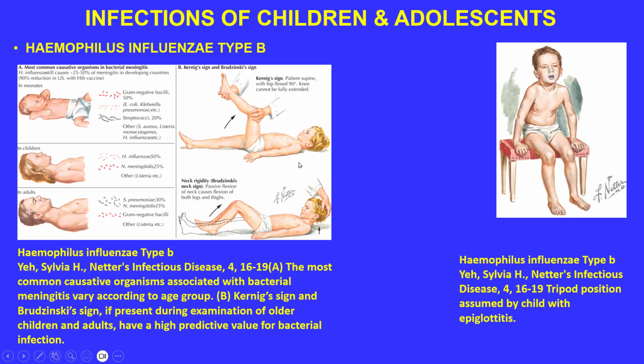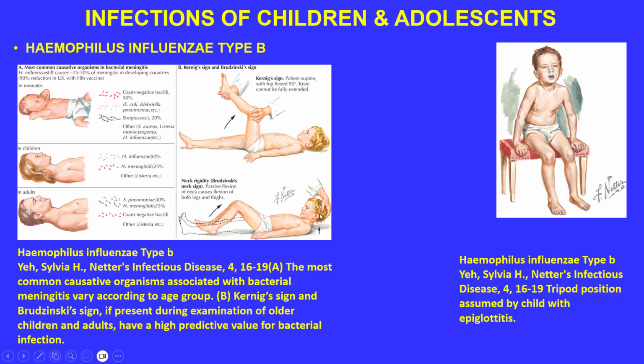There are some physiological signs that can be used. If the patient is supine with the hip flexed 90 degrees, the knee cannot be fully extended. Okay, and that's Kernig's sign. Neck rigidity is Brudzinski's neck sign, and that's where passive flexion of the neck causes flexion of both legs and thighs.